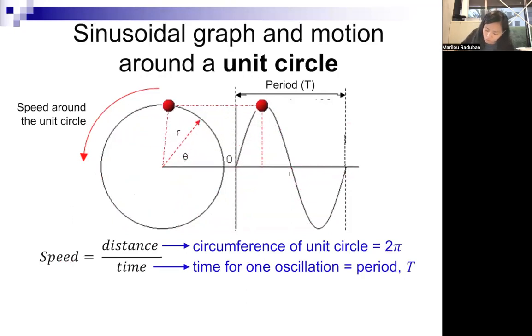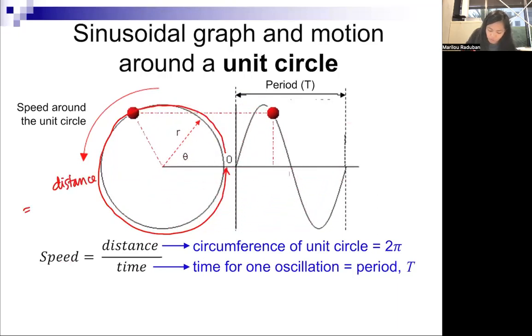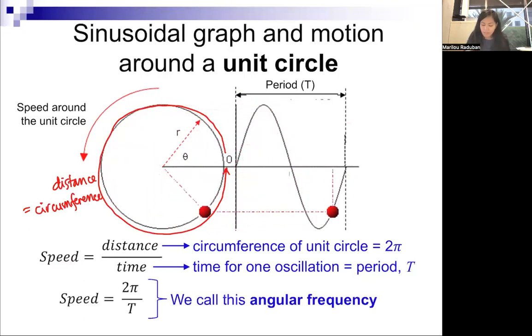Okay, so in one period, in one up and down motion, or in one period of the sinusoidal graph, the object has gone one round around the circle, and the distance around the circle is the circumference of the circle. So then we can write speed to be equal to 2 pi, which is the circumference of the circle, which is the distance traveled by the object, divided by the period.